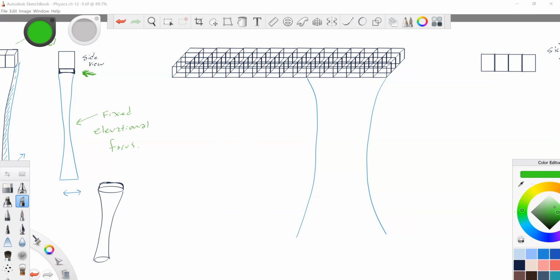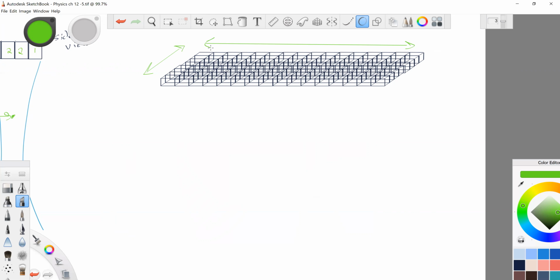You got that dimension and this dimension. And in fact, I could have changed the arrangement here so that this was more of a square made up of many elements rather than a rectangle. But in fact, the image on page 191 shows a square made up of many smaller elements.